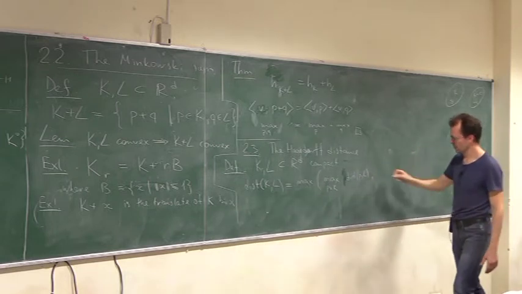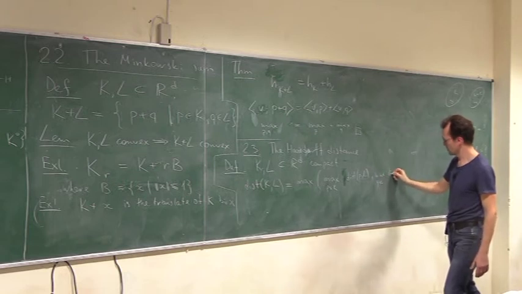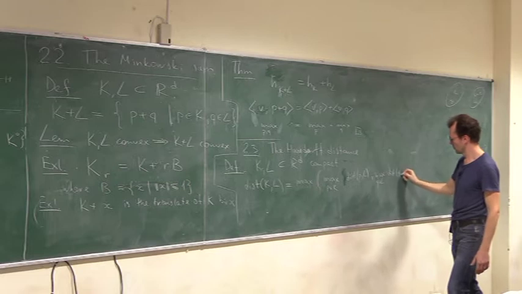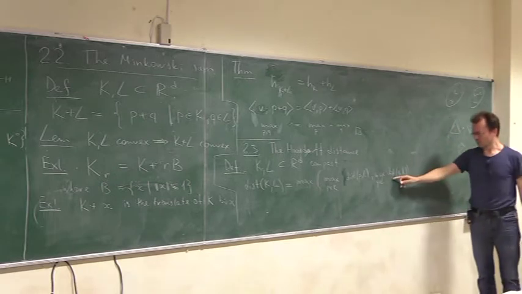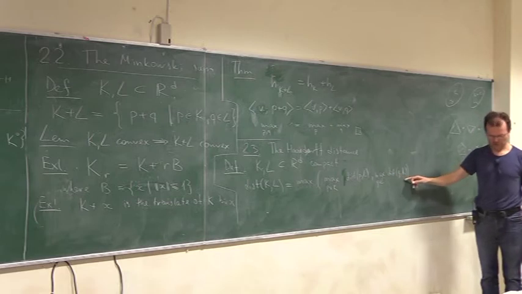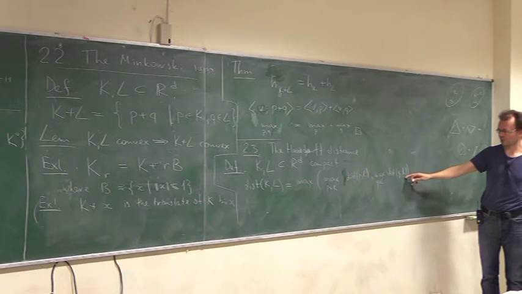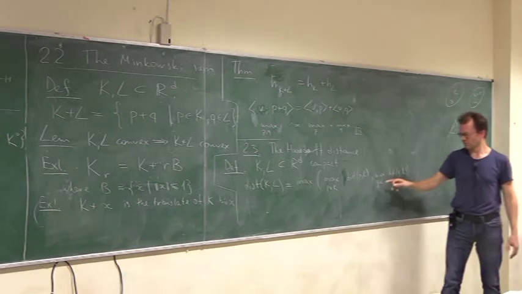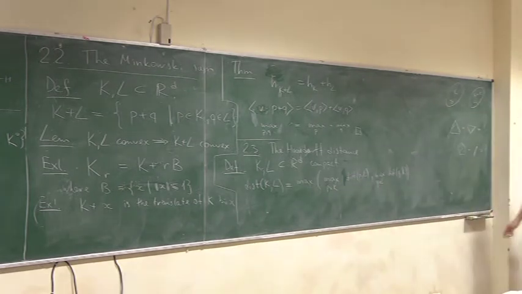And then we take another number, which is the maximum over all Q in L of distances from Q to K. In fact, the distance from Q to K itself is defined as a minimum of distances from Q to X in K, so that the complete definition is even worse. So that's a maximum of minima, another maximum of minima, and then you take the maximum of these two maxima.